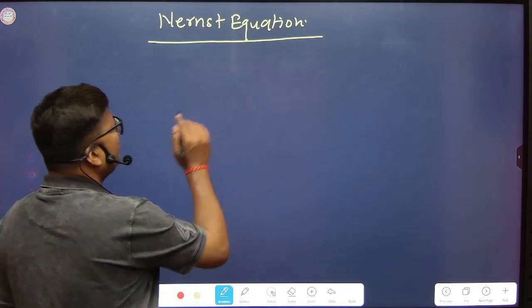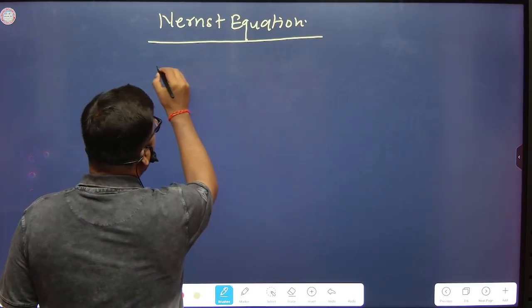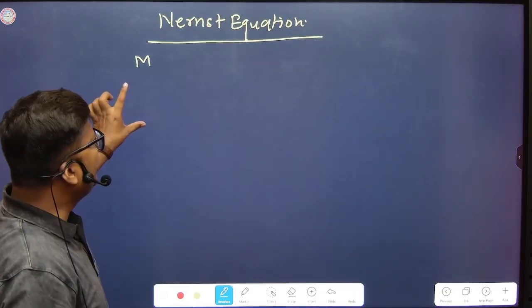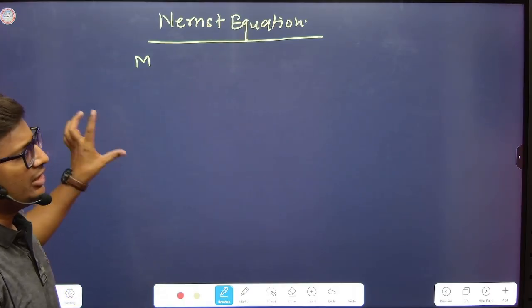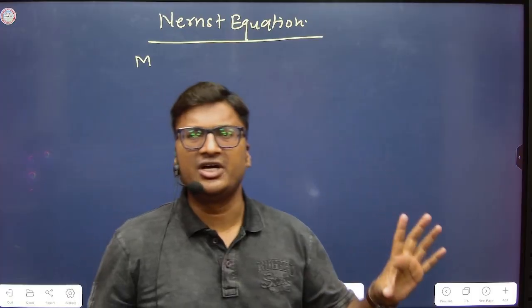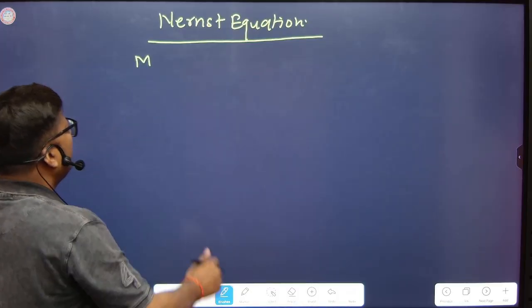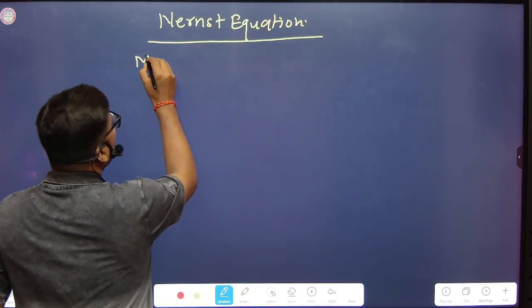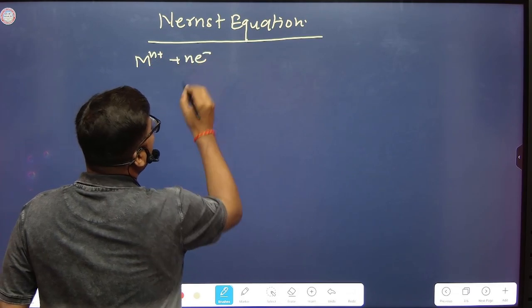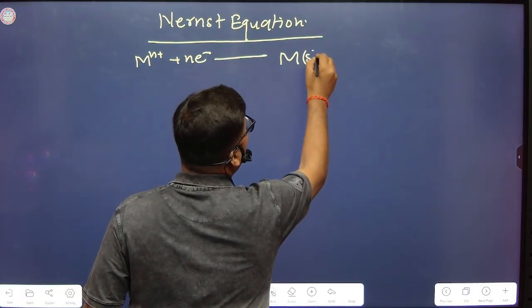So how is the Nernst equation derived? Suppose we have a metal, and if it is dipped into its salt solution, then there will be potential. There are two possibilities: this metal can be oxidized or this metal can be reduced, right? So suppose this metal is reduced, so M n plus plus n electrons gets back to M solid, right?